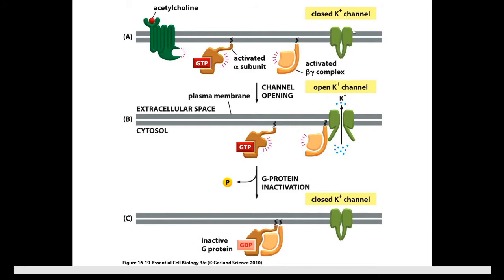This activation of the alpha subunit opens the channel, which allows the potassium ions to be released from the cytoplasm to the extracellular space. Why does it want to release them from the cytoplasm?